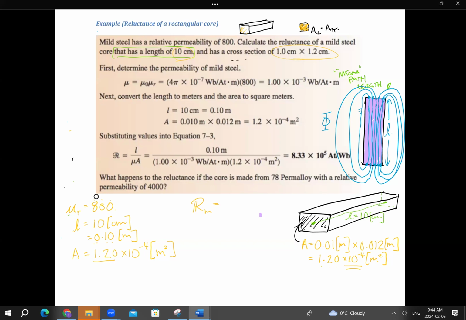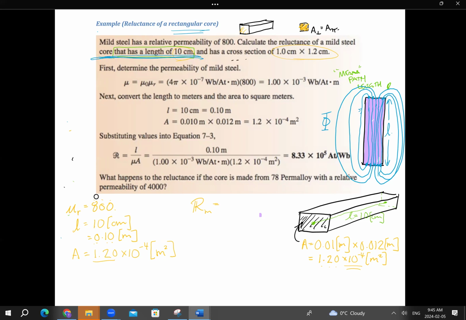So the average length that the flux lines travel inside the ferromagnetic material is the definition of the mean path length. And in this case, they're all traveling the same distance. They happen to all be traveling the length of this, what did we call it? Rectangular core, this mild steel core.